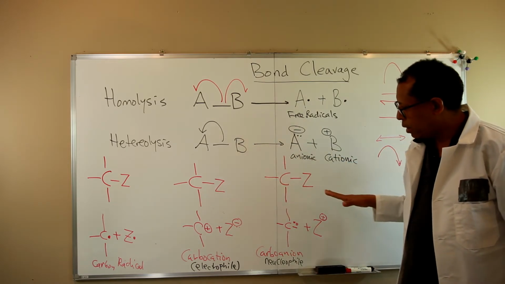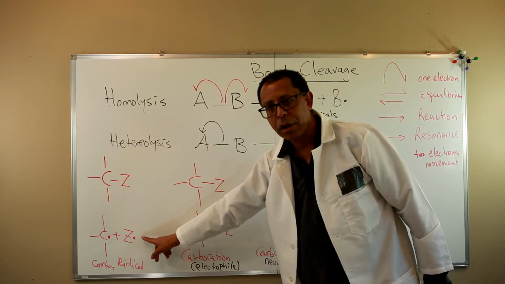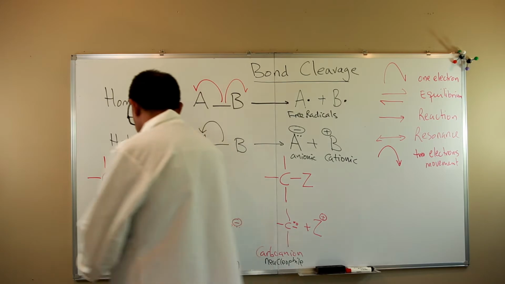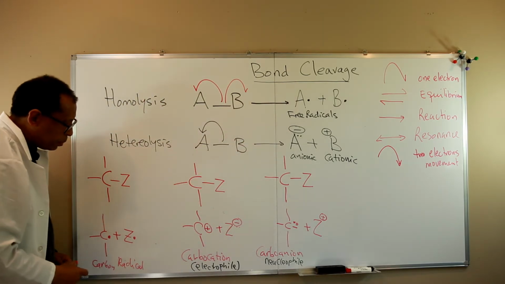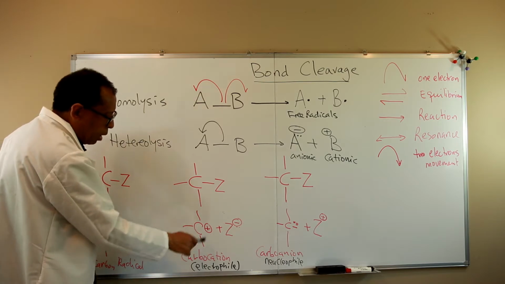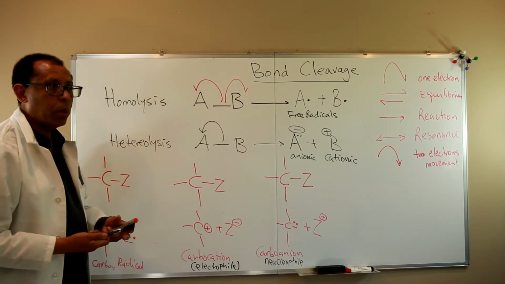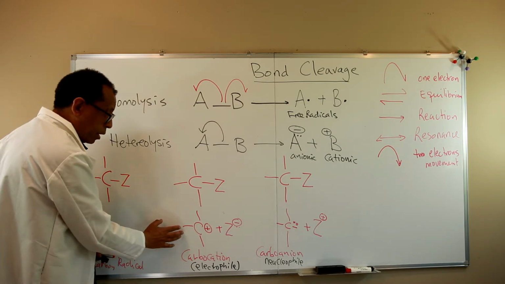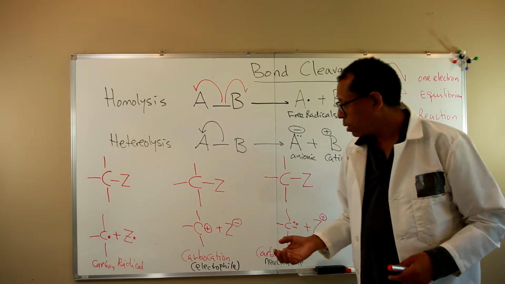As an example, homolysis always makes a free radical, so the carbon radical is a free radical. Here is the positive carbon species. Now we are dealing with organic reactions, so this is a very common encounter you will have in this course.